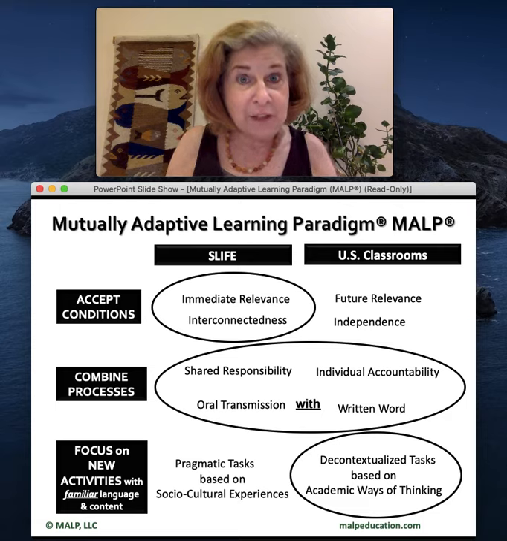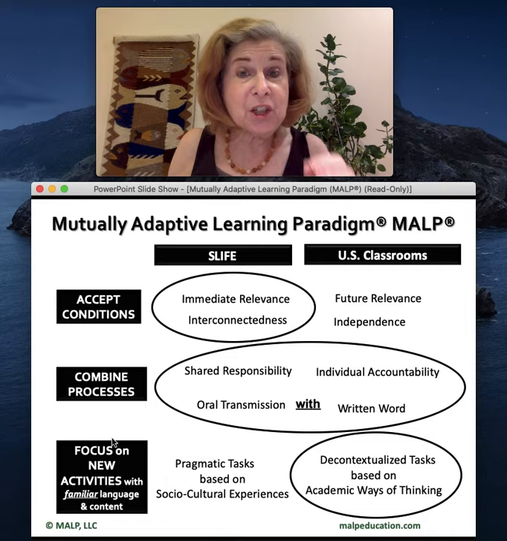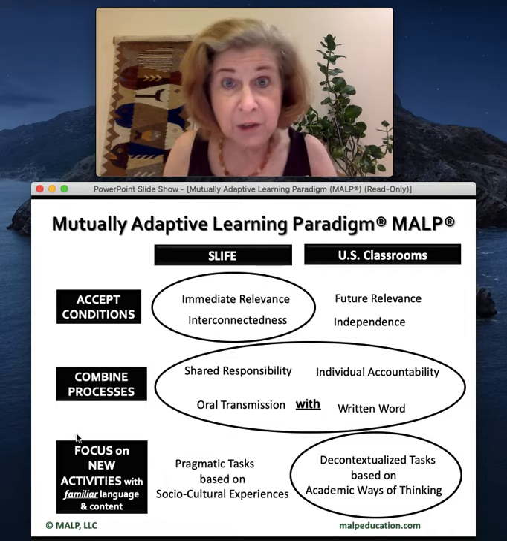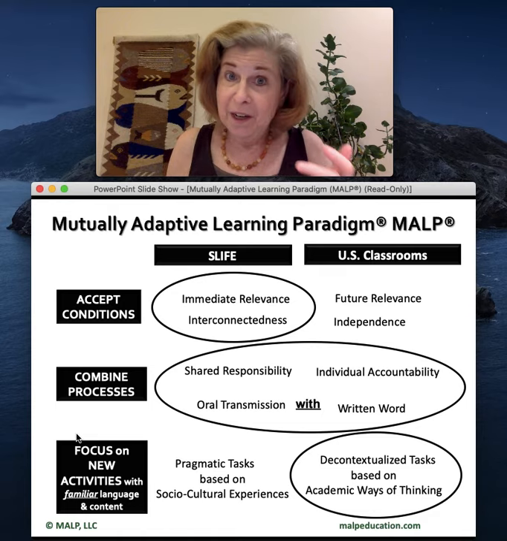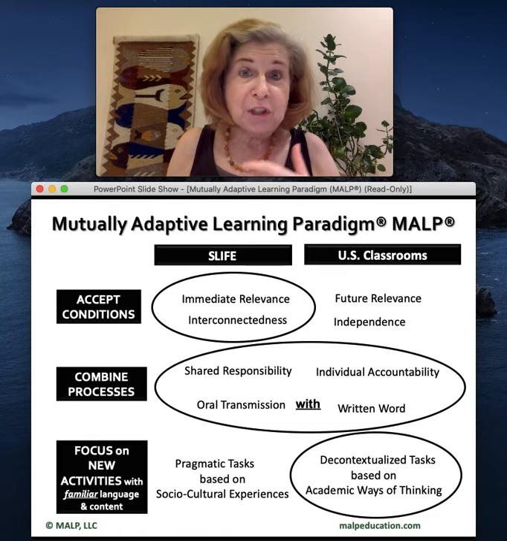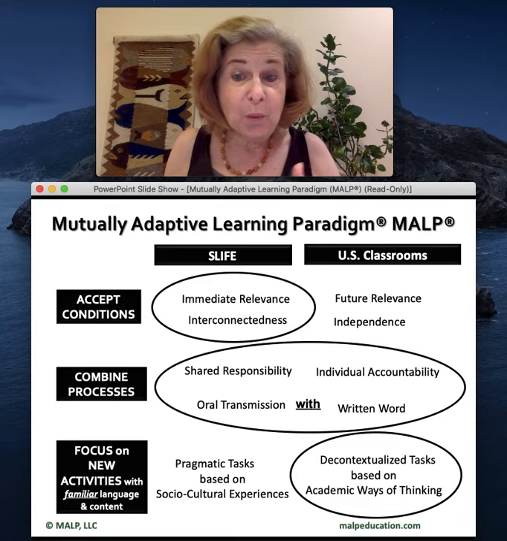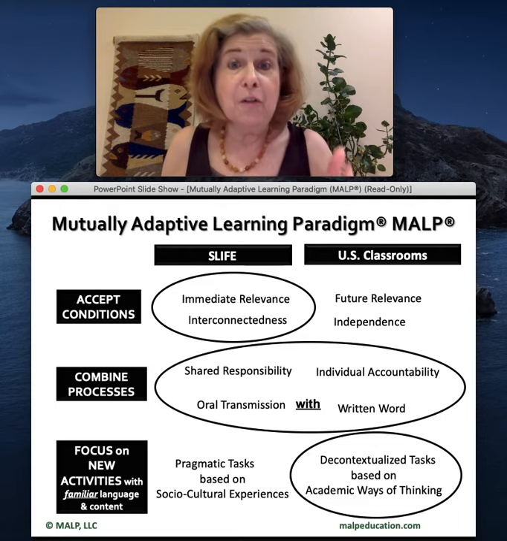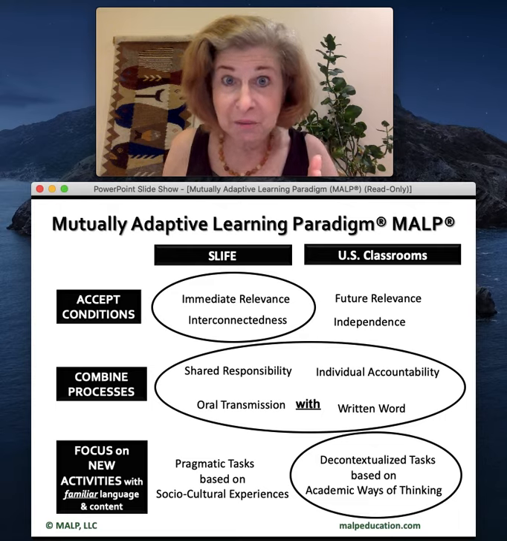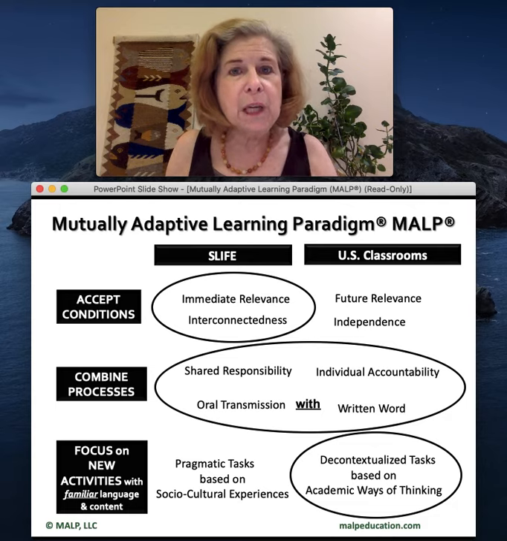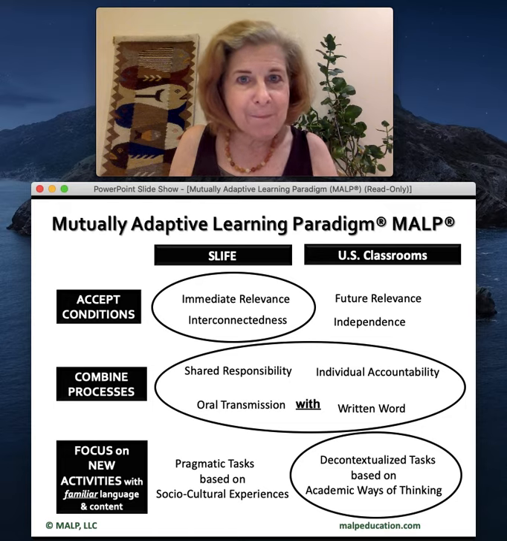But look over to the left side, and what do you notice here? Focus on new activities with familiar language and content. So when we're teaching them a new decontextualized task, true or false, which they have to learn, or we're teaching them a new academic way of thinking, such as cause and effect, which they have to learn, we're going to be doing it with content and language that isn't problematic for them.